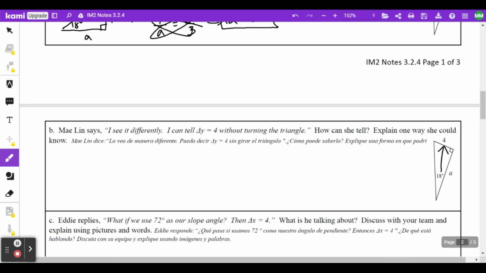I think it's just because 4 is diagonally opposite across. We say opposite.